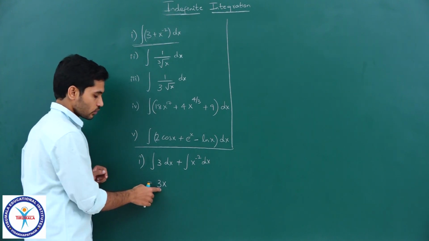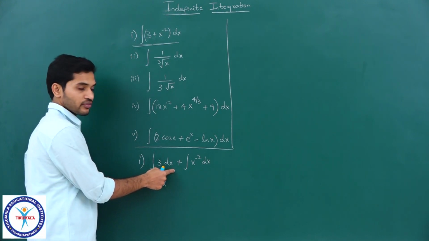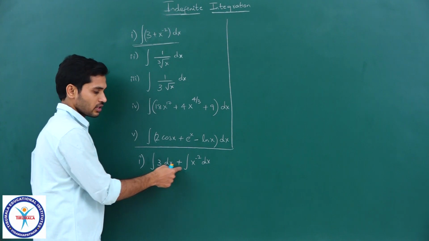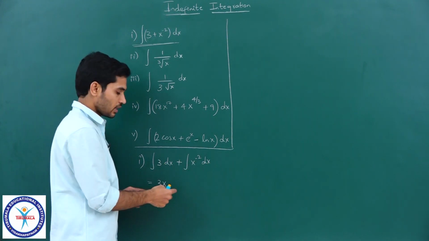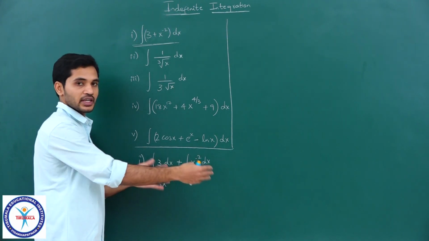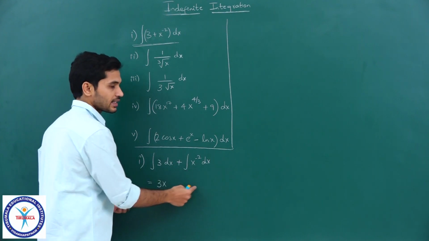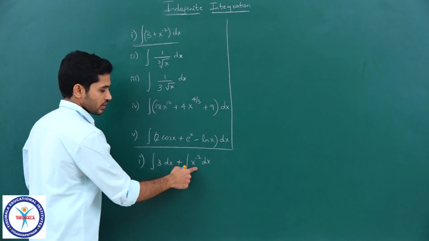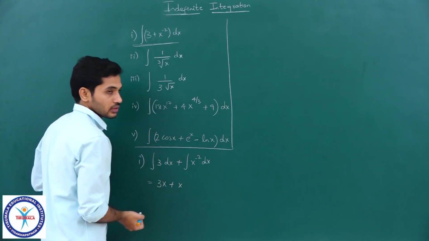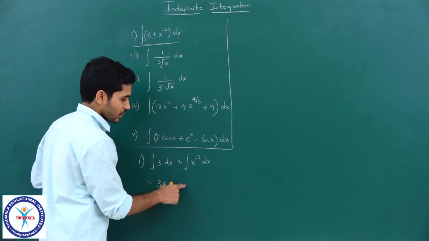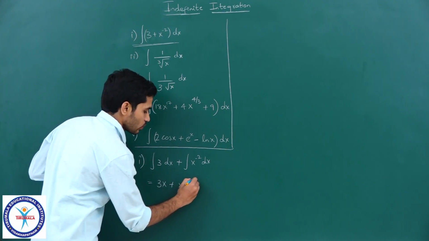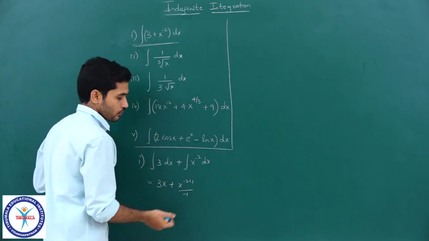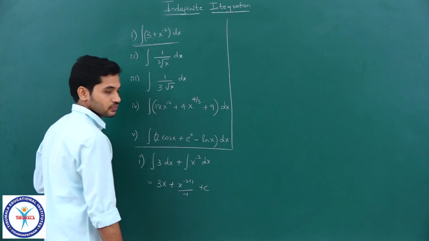Clear, students? So, 3x. I told you that we do not have to add constants at each step. I will directly perform the integrations of the individual terms and then directly add one constant. Here I know the x power n rule. So, x power minus 2 plus 1 by minus 1, plus constant, that is it.